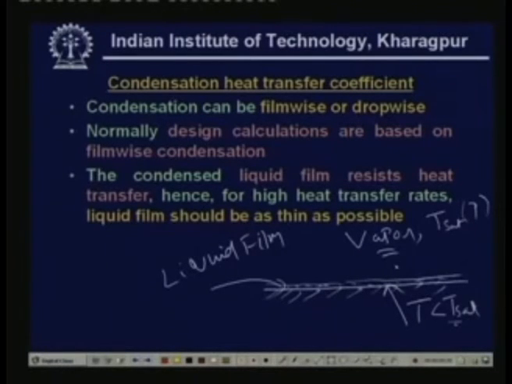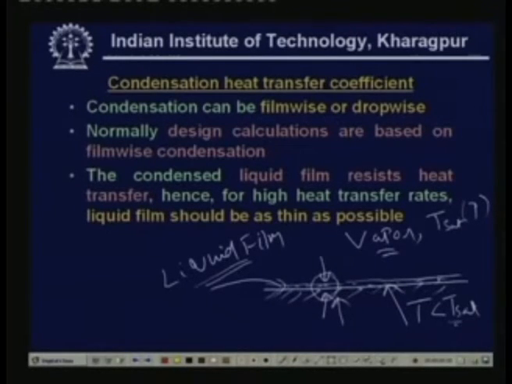Once the liquid film is formed on the surface, this liquid film will add resistance to heat transfer. That means it prevents or reduces the rate at which heat is being transferred from vapor to the surface. Additional resistance is created because of the presence of the liquid film. Now, how effective the condensation process is depends upon the thickness of the liquid film.